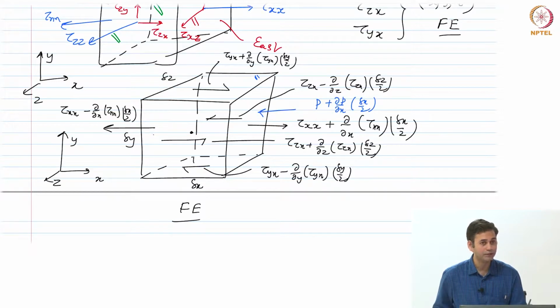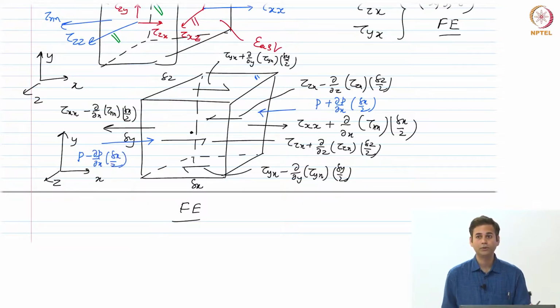On the negative x face, the west face, it would be trying to compress the element, so it will act in the positive x direction. This would be p minus partial p by partial x times delta x by 2. That is what we have. Essentially we now have 8 stress components that we have drawn, 2 per face.